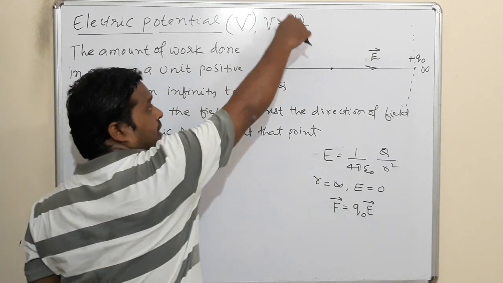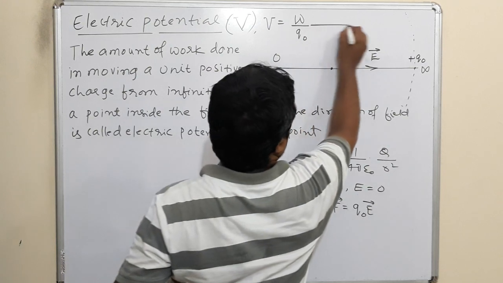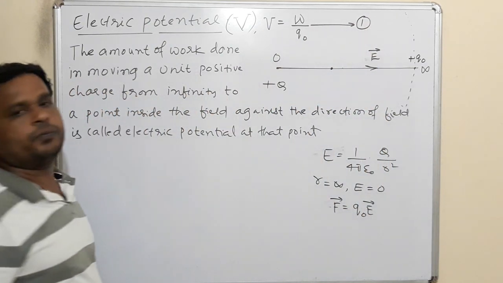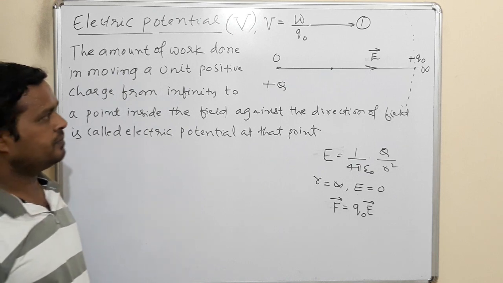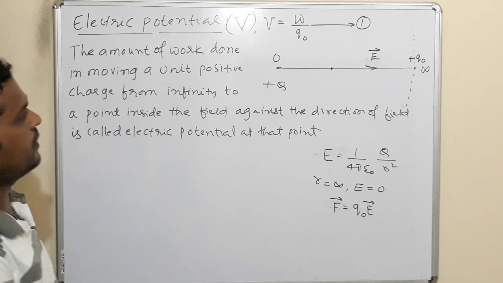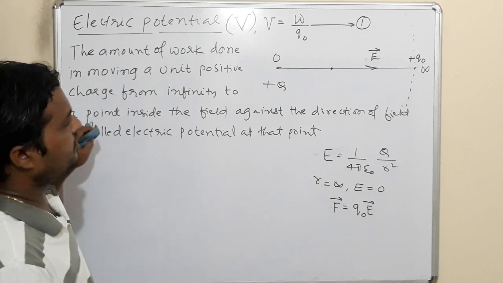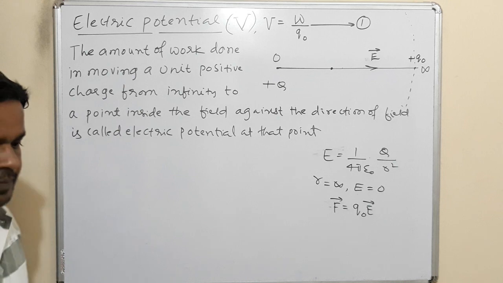This is the formula of electric potential from its definition. Follow this? Okay. Now let us derive the expression for electric potential at a particular point. This is the definition, make a note of it. We will derive the expression for the field.